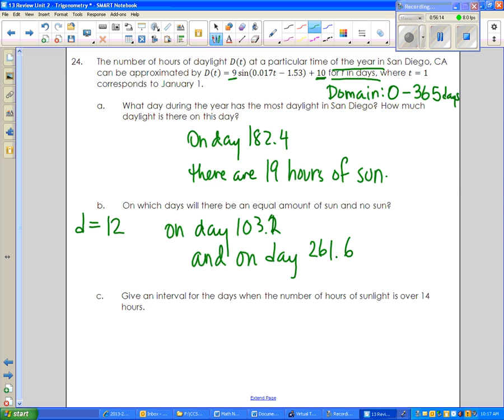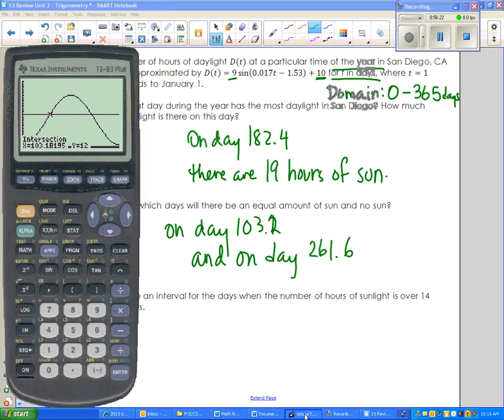Okay, and then letter C, it says give an interval now for the days when the number of hours of sunlight is over 14. So if we look at the calculator, if we look at our graph, this time I'm changing my second equation to 14. And now I want an interval, so where it's going to be between 2 days. And so again, when we use the calc trace intersect, actually let me move closer to the first point of intersection.